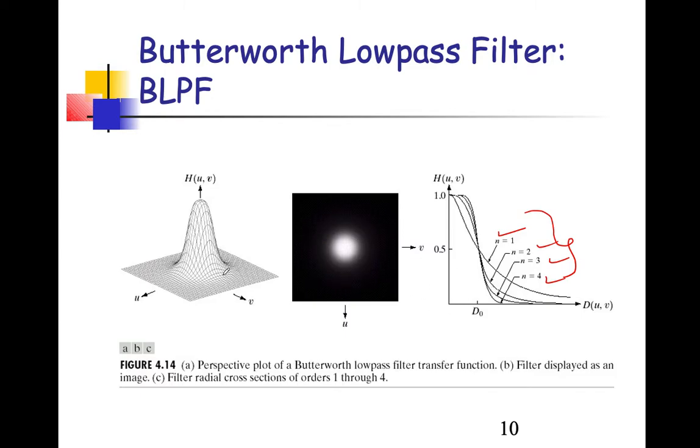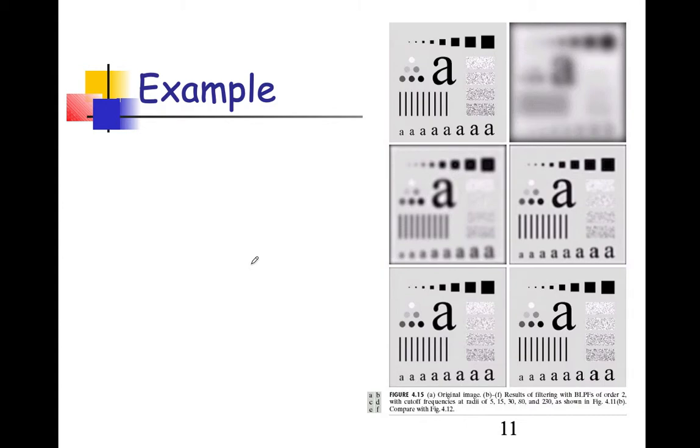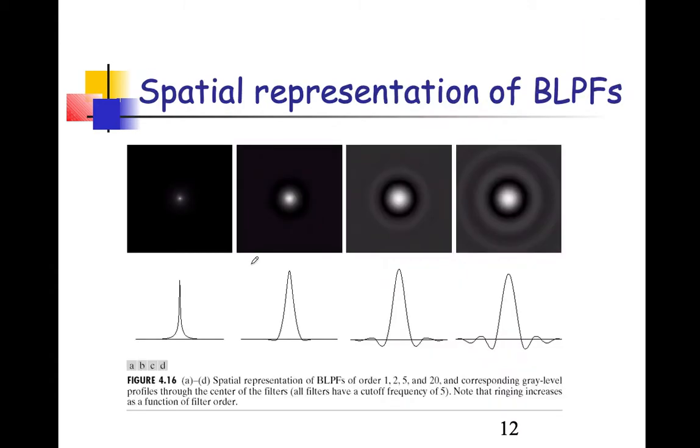This is the output of your Butterworth low pass filter. This is a perspective plot in a 2D image form, and here you can see the results of the Butterworth low pass filter. Different spikes for different spectrums.